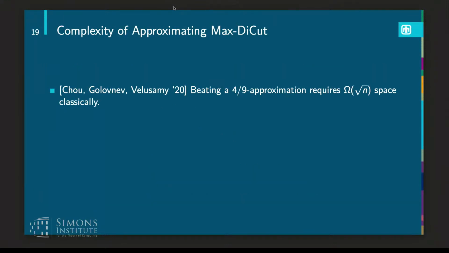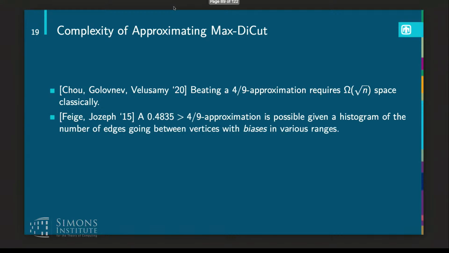So just to recap, what is already known about this. There are results showing that if you want to get better than a 4/9 approximation, you need at least root n space classically. And then this older work by Frederick and Joseph shows that you can get better than a 4/9 approximation if you have this snapshot of the graph, or what we can also call a first degree bias histogram.